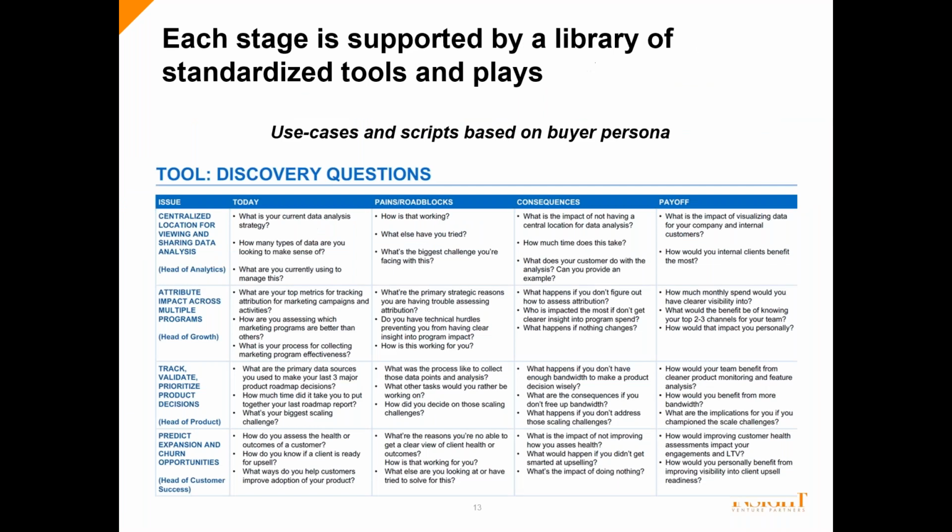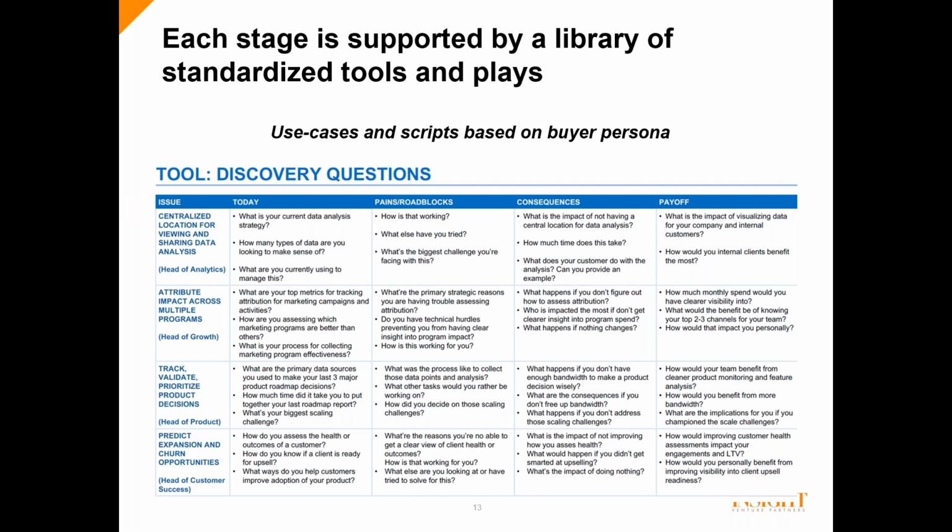Another example here is looking at what we talked about with standardized tools in place. So you can take a look at this. This would give really detailed analysis of what to expect when speaking to, as you can see here, different roles: head of growth, head of analytics, head of product as an example.